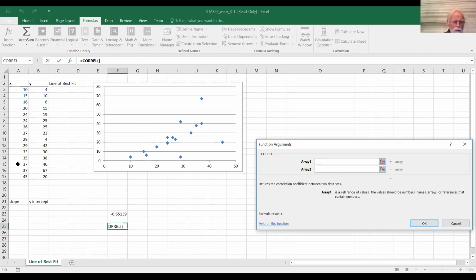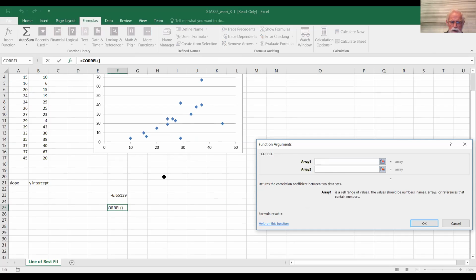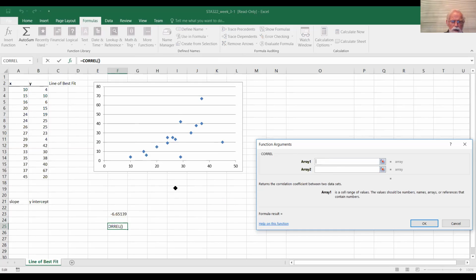This is called an array of data. So we can place either one anywhere and it will give us that correlation. Usually we want to start with the y's first and then the x's. And it will give you that correlation coefficient. Now, I'll let you do that on your own as well.